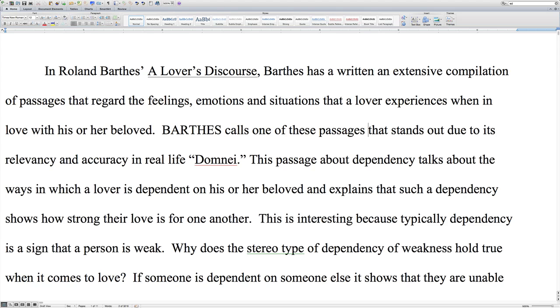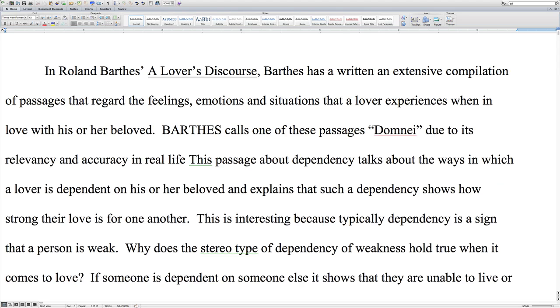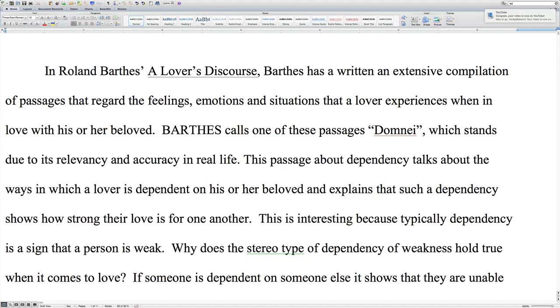I'm going forward again to recreate the sentence I just made. So, "Barthes calls one of these passages Domne, comma, which stands out due to its relevancy and accuracy in real life." That's pretty close to the same idea the student originally had.